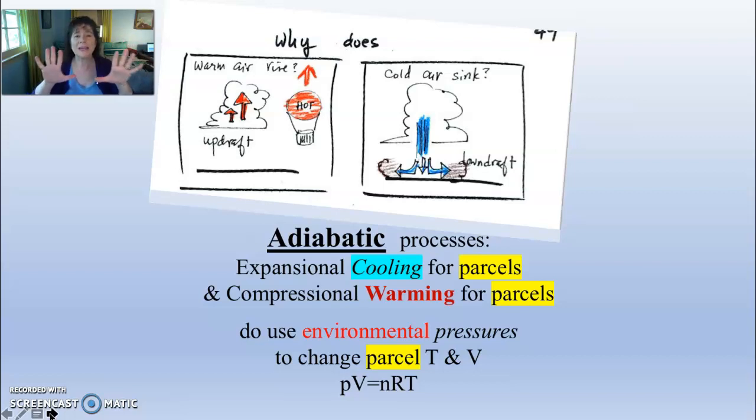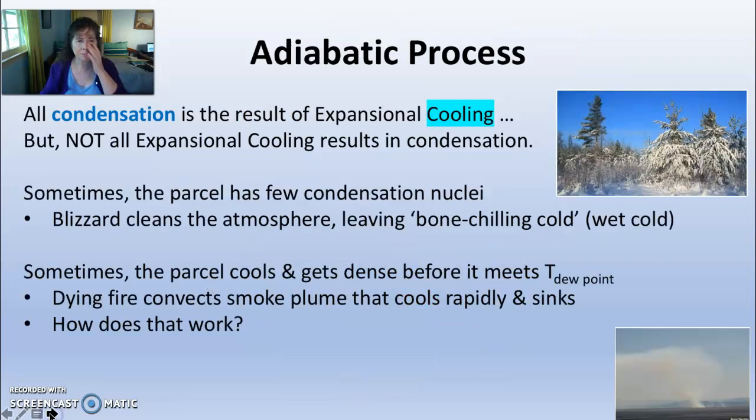So we're just putting names to things we already studied. And to expand it out a little bit more, we can say that all condensation is the result of expansional cooling. But not all expansional cooling results in condensation.